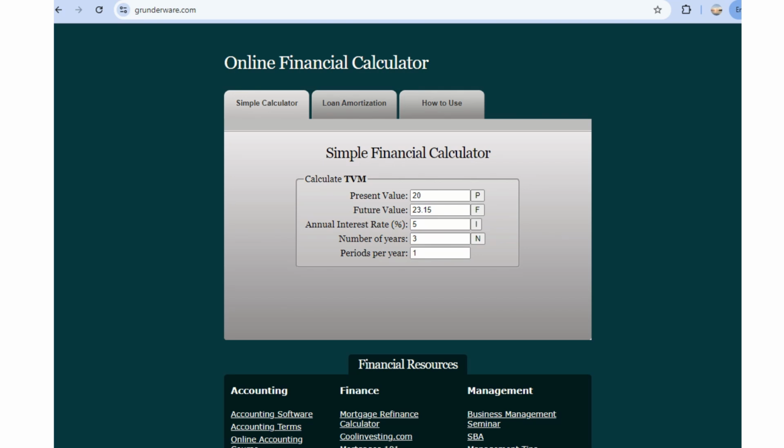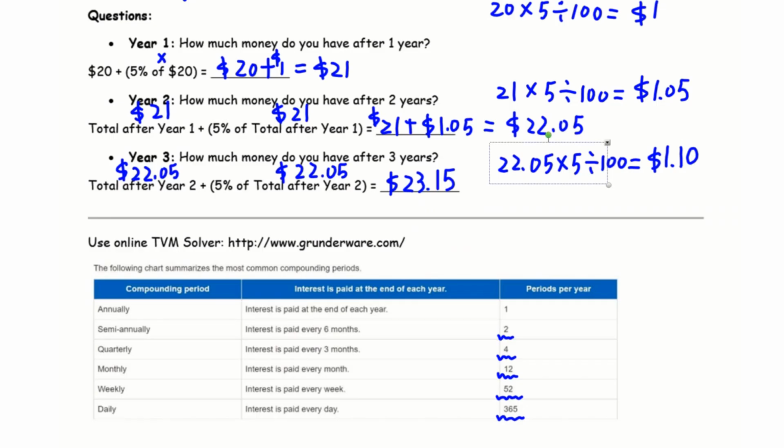So let's go back and see our calculation just now. It will be $23.15. So you see we have done all those steps, but using the TVM calculator, we just type in $20, 5%, and 3 years.